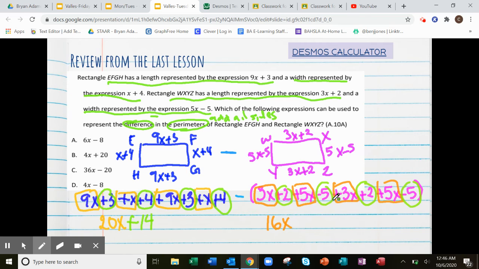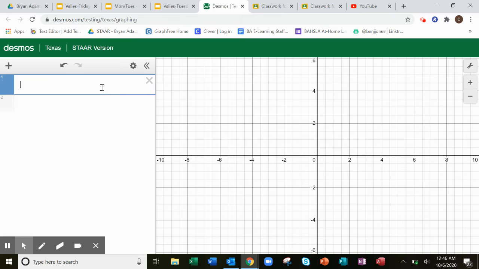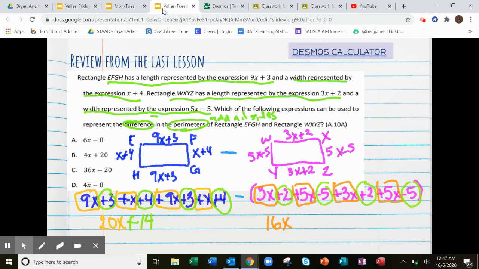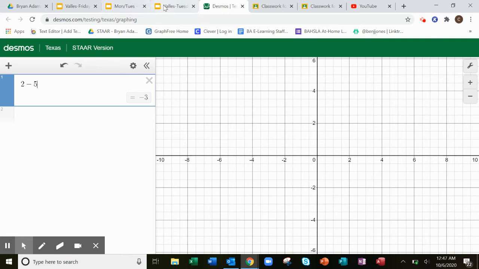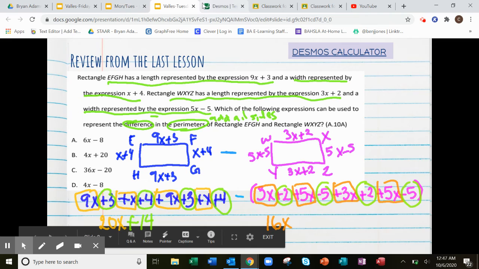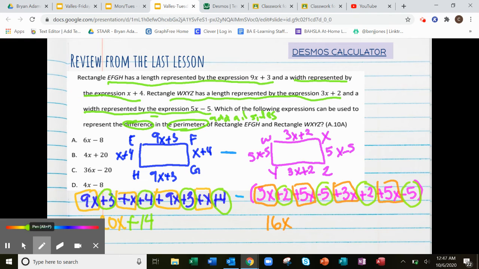So I have 2 minus 5, which is negative 3. Actually, let's put that whole thing in: 2 minus 5, and then plus minus 5, and then plus 2 minus 5. So that's negative 6.